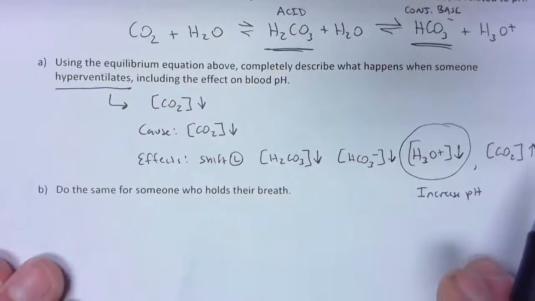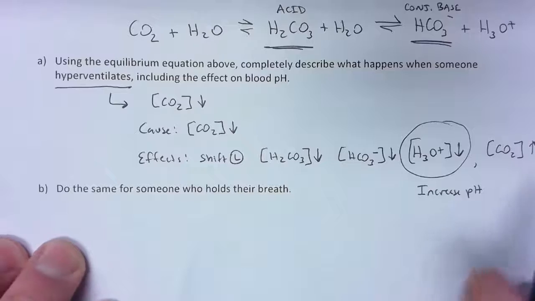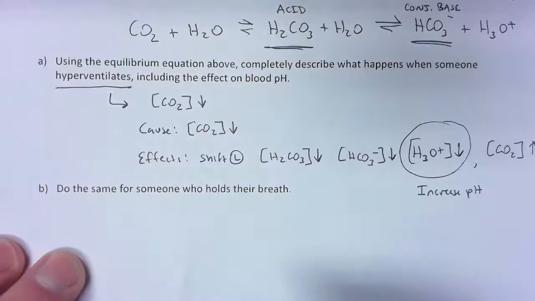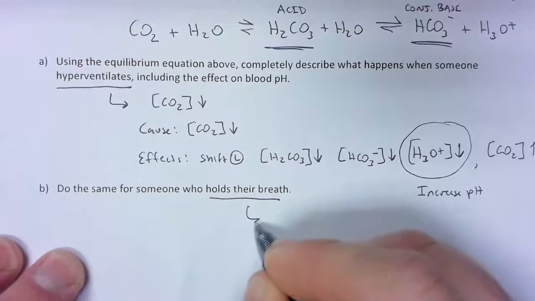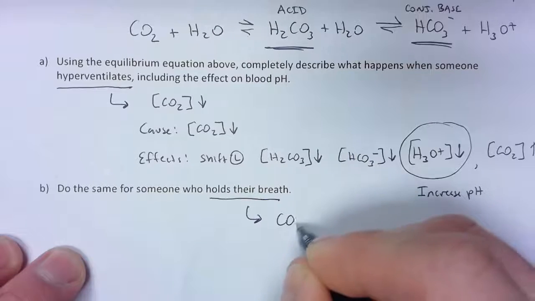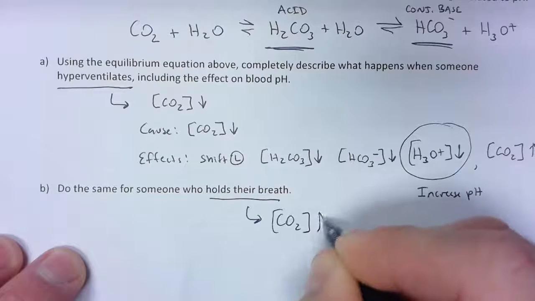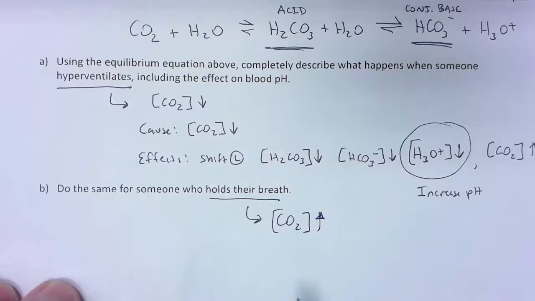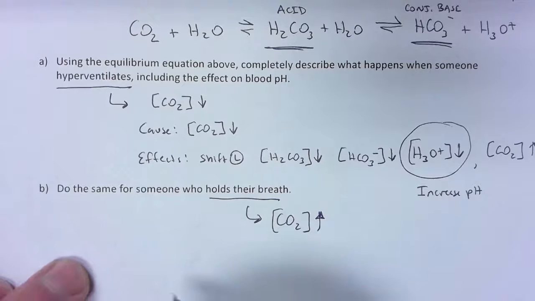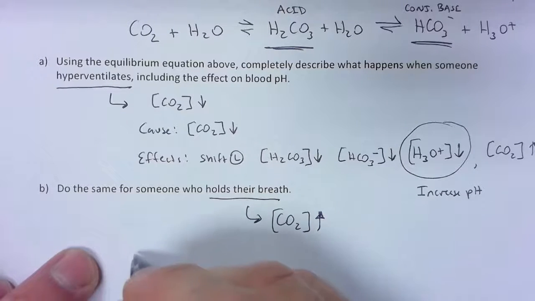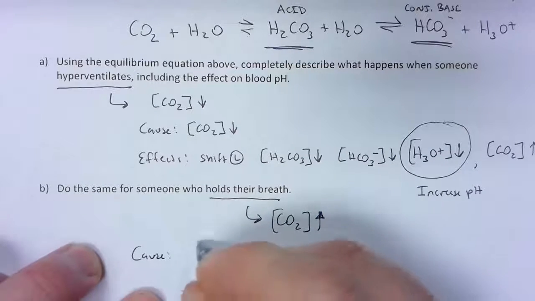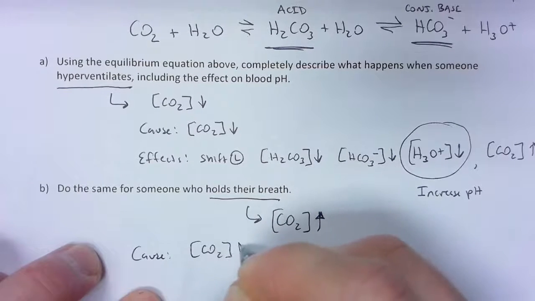This says do the same for someone who holds their breath. So the opposite of hyperventilating would be holding the breath. The effect here would be that CO2 concentration goes up. So that would be the cause. CO2 concentration goes up.